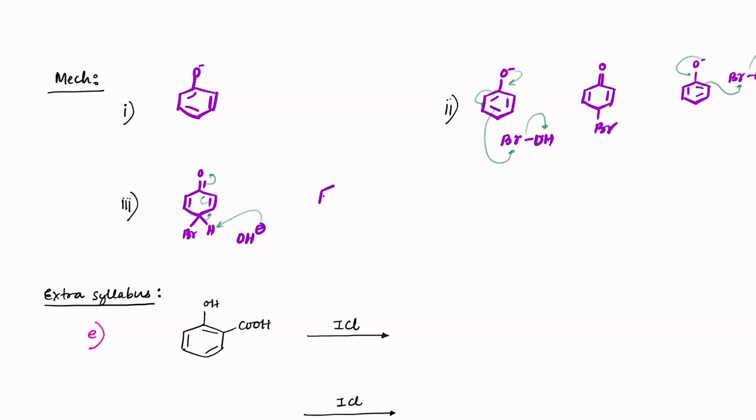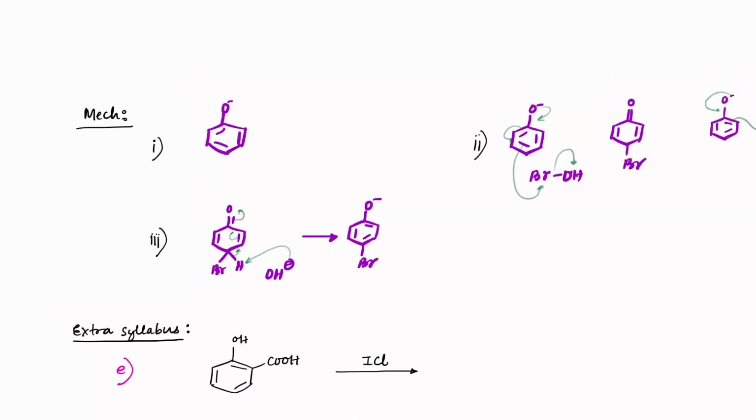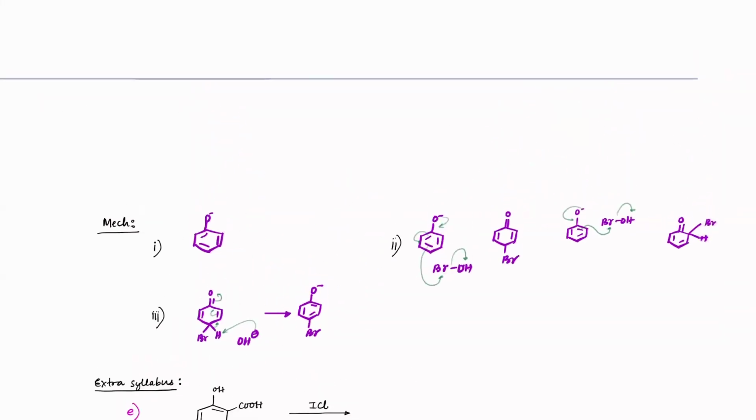And that's how you'll end up getting the phenoxide again, O minus, like this with Br. So this is that phenoxide ion. Imagine the same thing happening in multiple directions, at ortho, para, and meta.